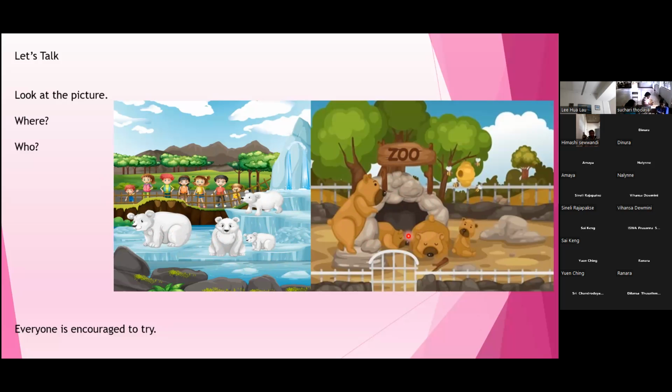What is the right word to use? I just told you. Hibernating. Very good. So Papa bear and Mama bear are hibernating in their, what is this place? Cave. Cave, their den. Very good. Well done. And these are the cubs. And what are they doing?